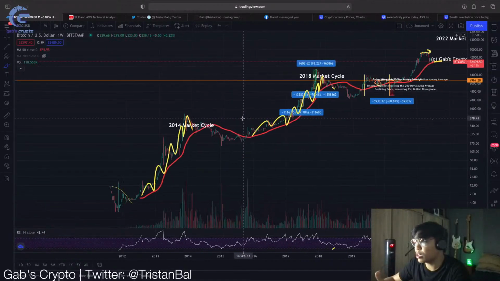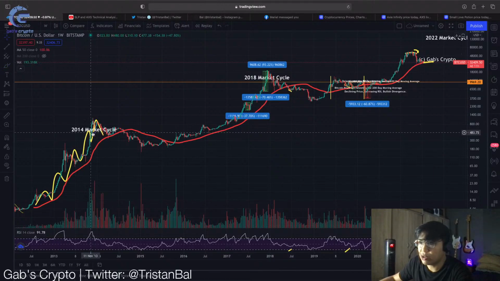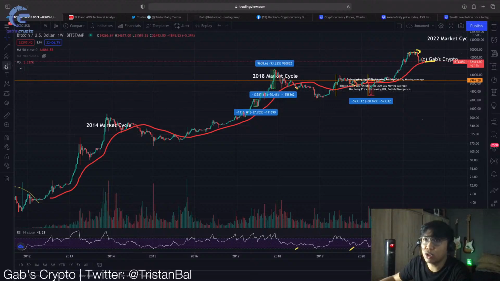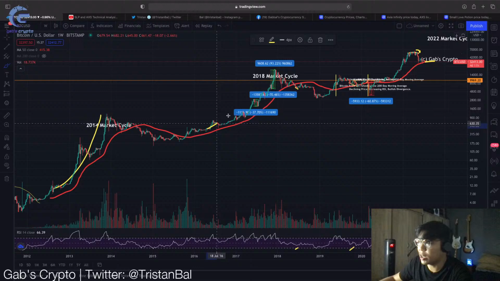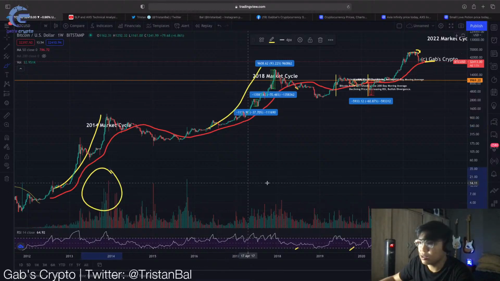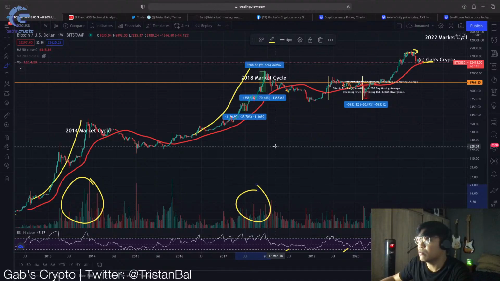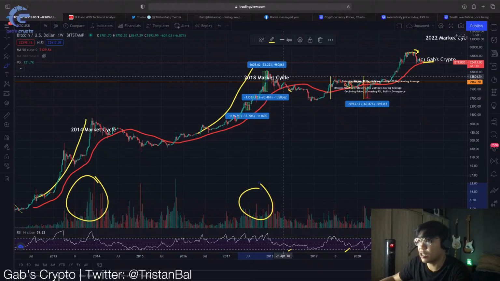Pero if you're going to look at historical data, in order to say na nasa bear market tayo, kailangan natin ng blow off top. Ang blow off top is parabolic pump. So, ayun, parabolic, and kailangan natin ng volume. So, doon natin masasabi na parabolic na tayo and market cycle top na siya.